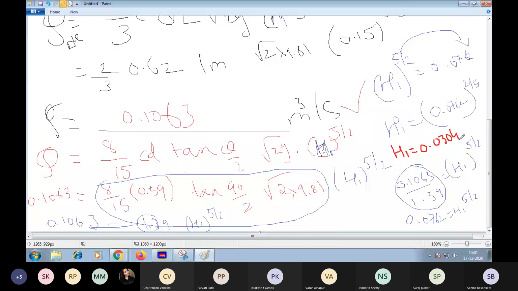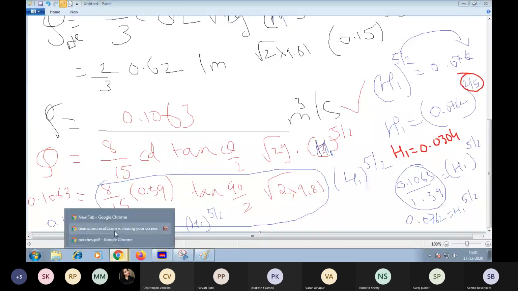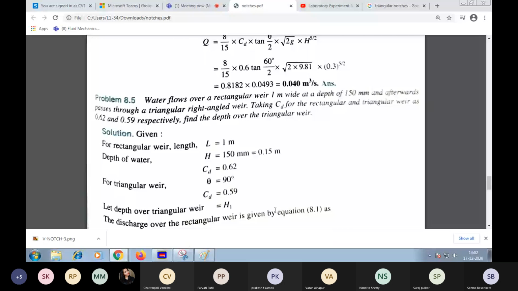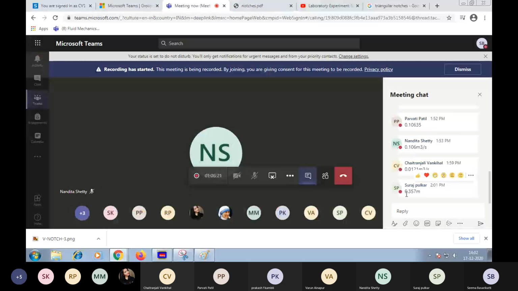2 divided by 5 will be equal to how much? 0.4, ma'am. Then 0.0762 raised to 0.4 will be equal to how much? 0.357.